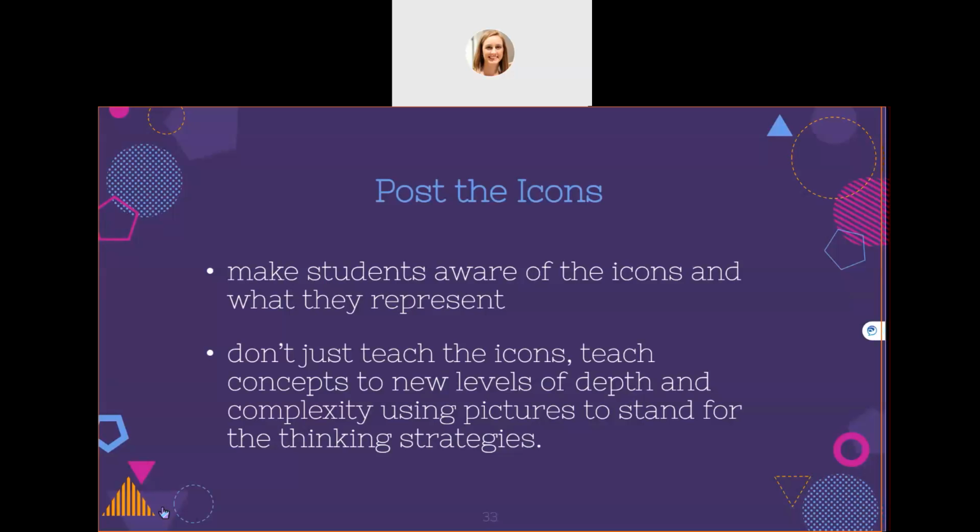You can also let students draw the icons. They don't have to look exactly like the icons that are here in the presentation. The icons are just serving as reminders for how the students will think through the concepts.